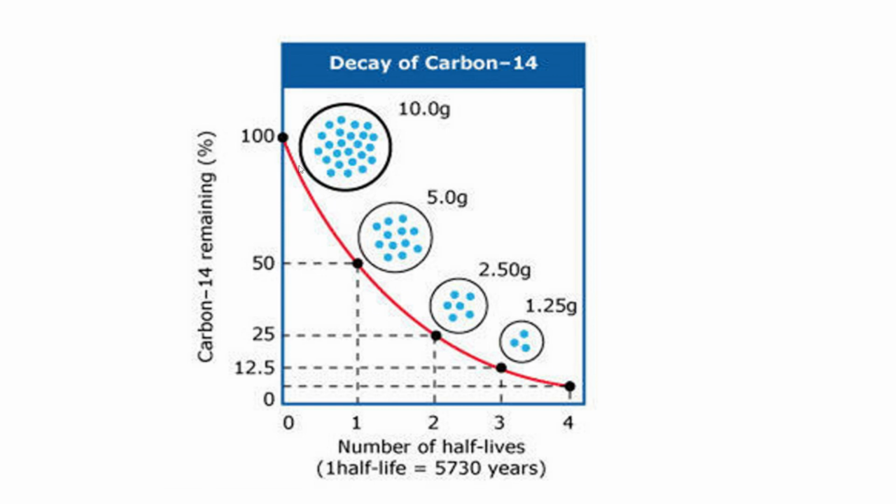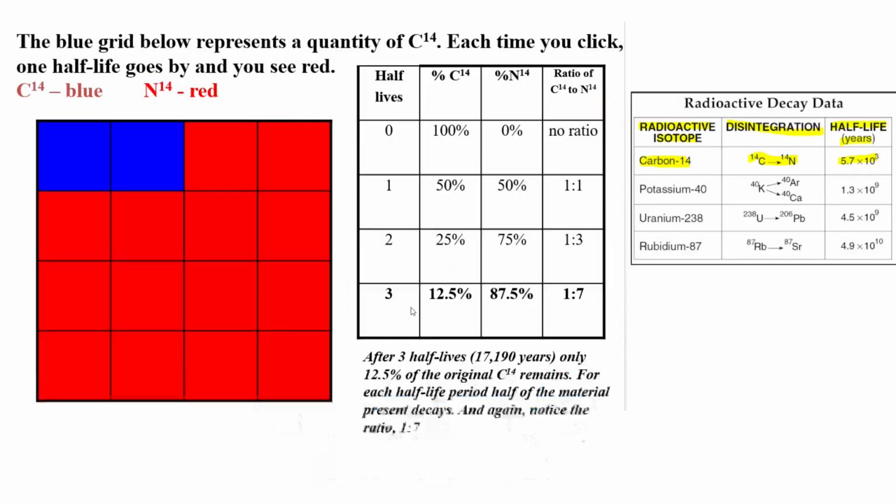If you drew a graph, it would look like a downwards curve. But you should also notice that over the different half lives, my nitrogen 14 is increasing. So my radioactive isotope is decreasing exponentially, but my disintegration product, in this case nitrogen 14, is increasing.